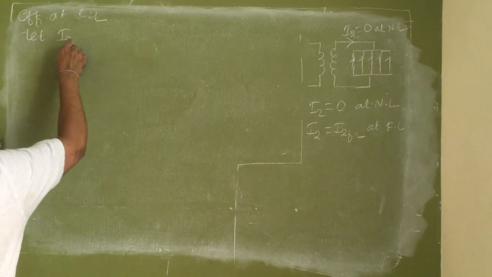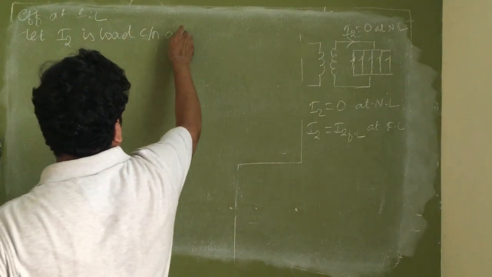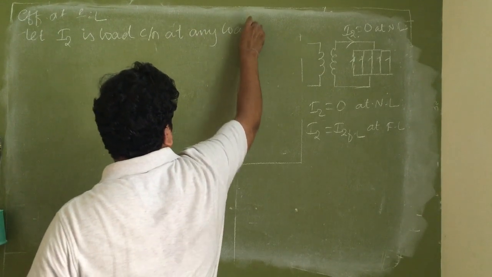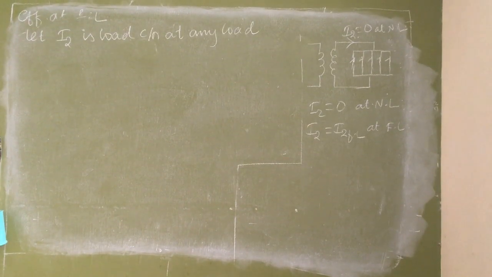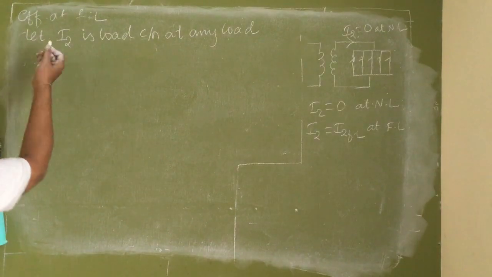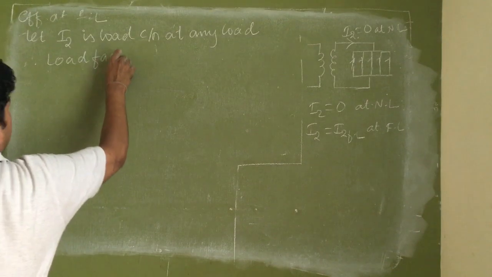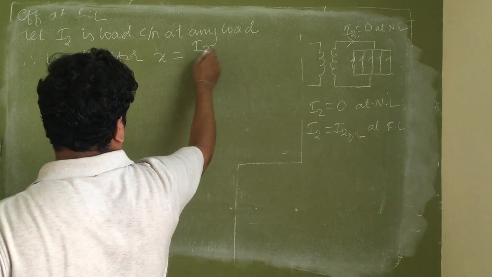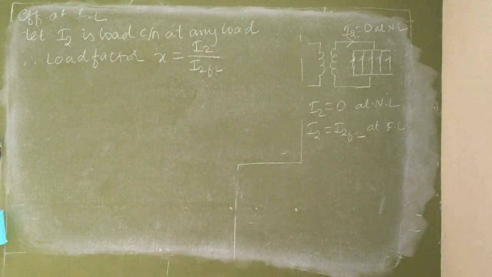Let I2 be the load current at any load. Therefore, load factor X is equal to I2 divided by I2 full load.